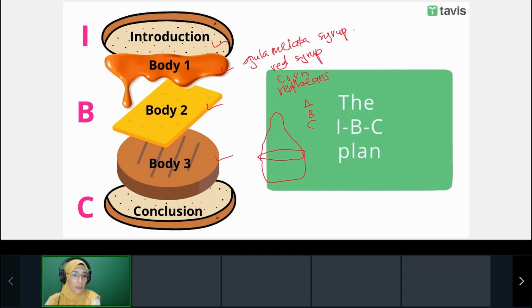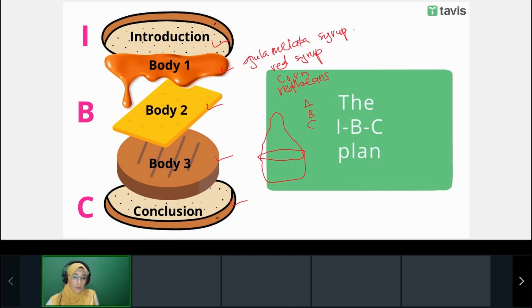That's why it's separated into body 1, body 2, and body 3. And to finish it all off, obviously you need another slice of bread. All right. So this is what I call the IBC plan. Try and apply the IBC plan in your essay.